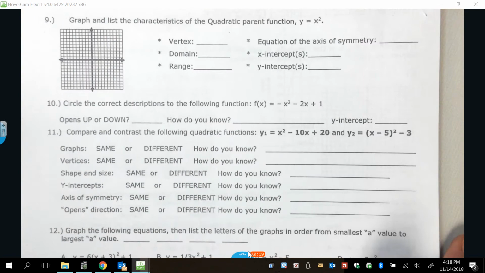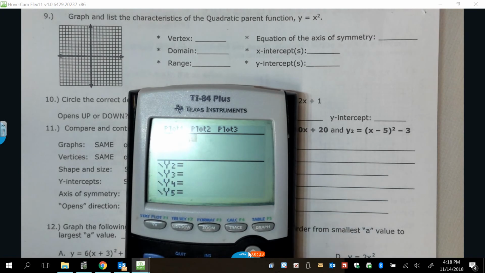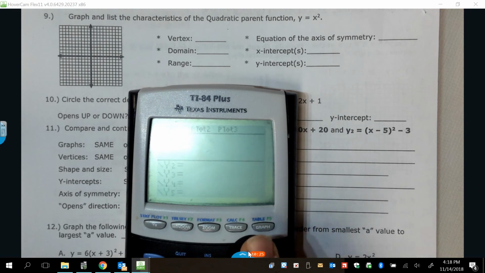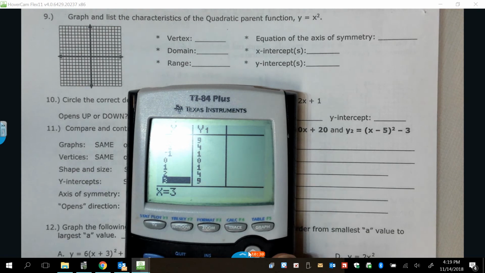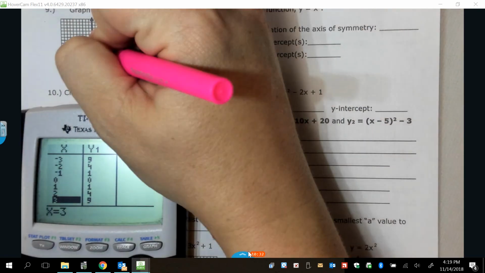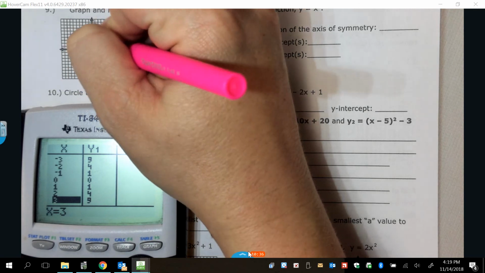Okay, let's look at number 9. So this is talking about the parent function. I know it's x squared, so I'm going to find my table. Here it is. I'm going to graph it. So (0, 0), (1, 1), (2, 4), (3, 9).